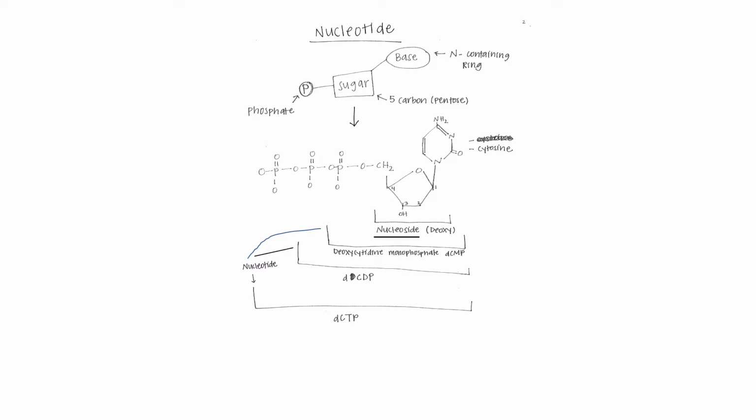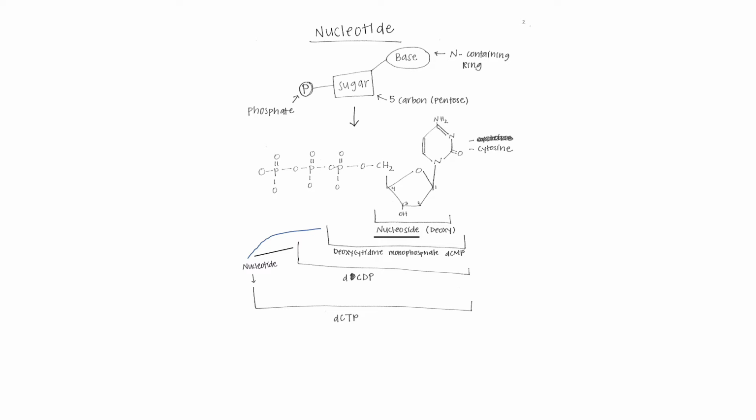And then the minute you add a phosphate, it could be a single phosphate, which would be called a monophosphate, or two phosphates, which would be a diphosphate, or the third phosphate, which of course would be the triphosphate. Anytime there's a phosphate on there, it's referred to as a nucleotide, not a nucleoside.